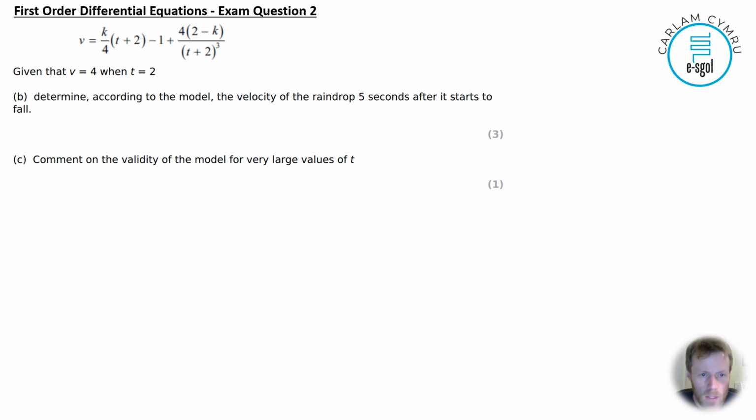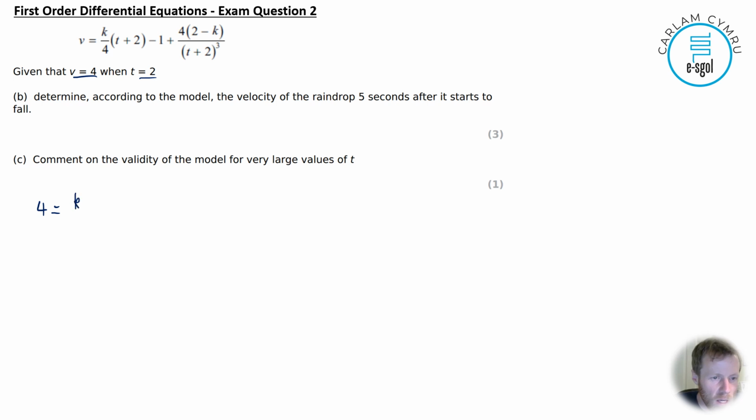Okay, so this question then continues, and we want to find some values. So it says find the velocity of the raindrop 5 seconds after it starts to fall, and we have some other conditions here: when v is 4, t is equal to 2. So we just need to put these values in. We'll put the 4 in for v, and we'll put the t equals 2 in.